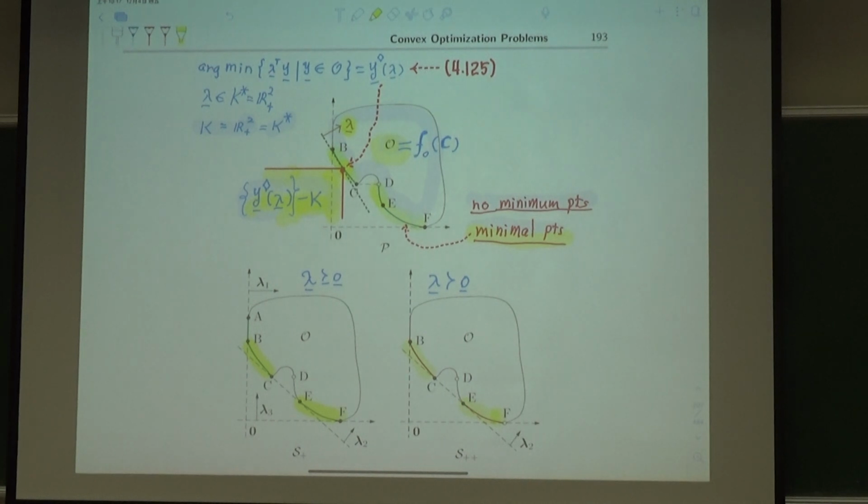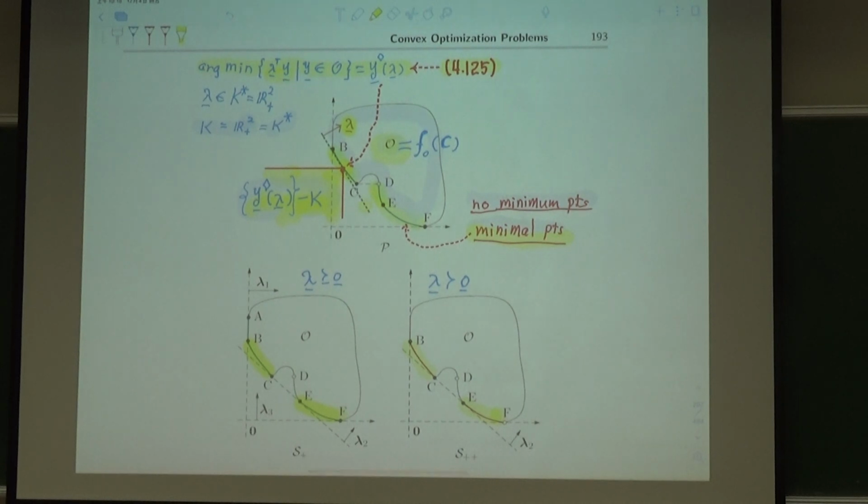Meanwhile, this is equation 4.125. This is also the problem we have introduced in chapter 2, right? How do you find these points? Y ranges over the whole set O. We want to minimize lambda transpose Y. That means this is a separating hyperplane.